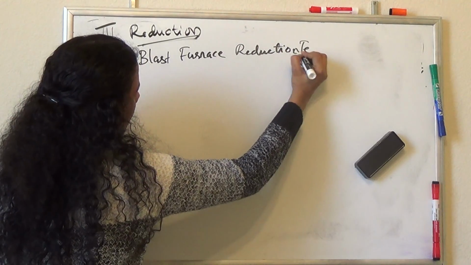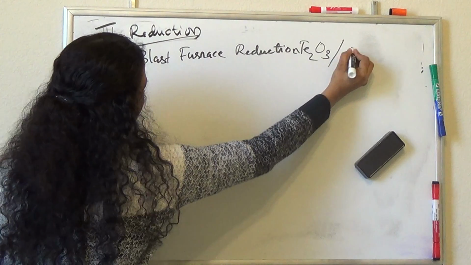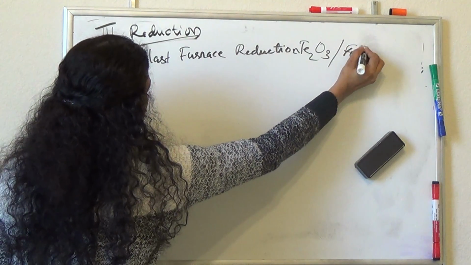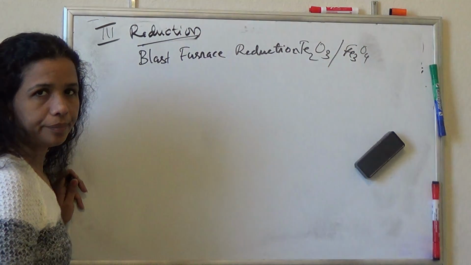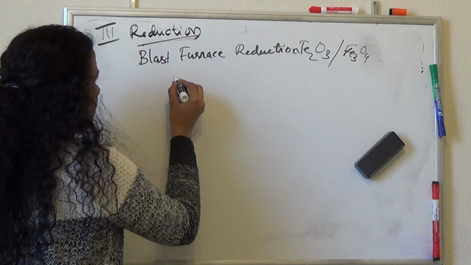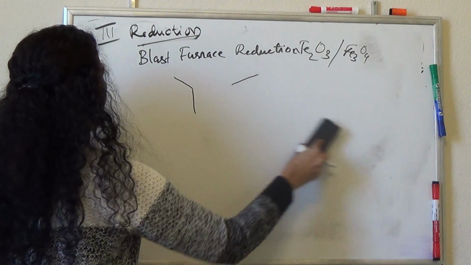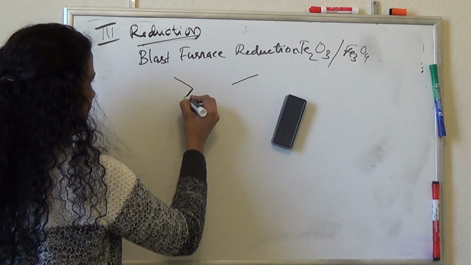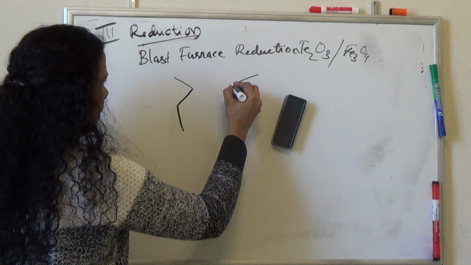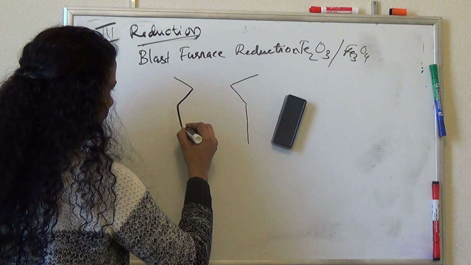Here we are using hematite or magnetite. A blast furnace is a device that can withstand very high temperatures. It contains a brick lining inside it.